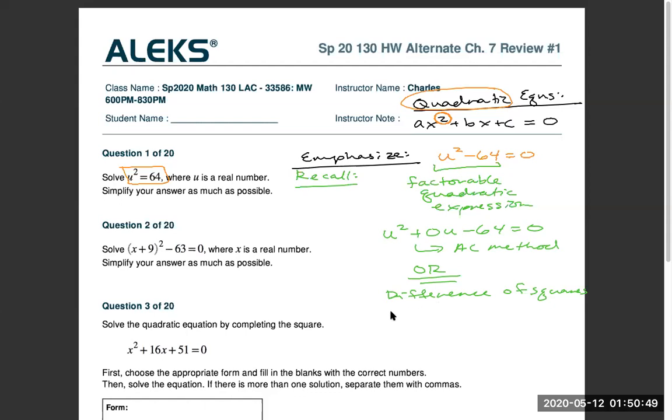So essentially, remember, if you have u squared minus 64, that's the quantity u squared minus the quantity 8 squared, and that factors into u plus 8 times u minus 8.